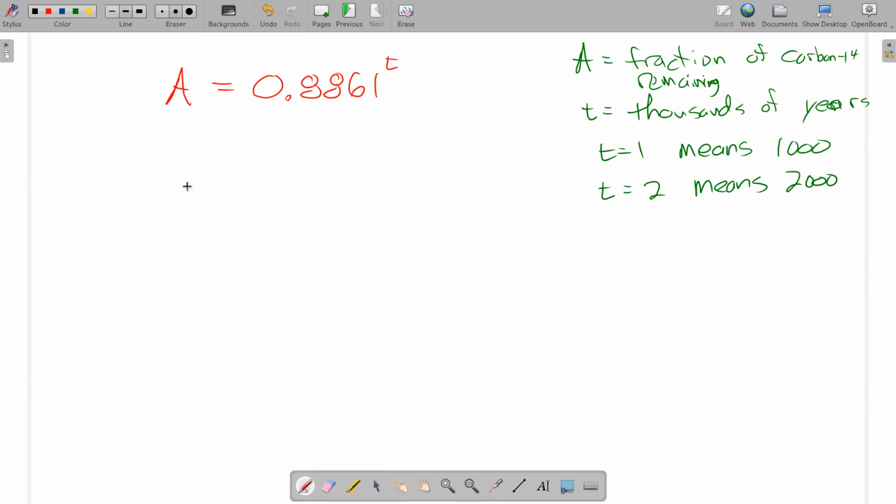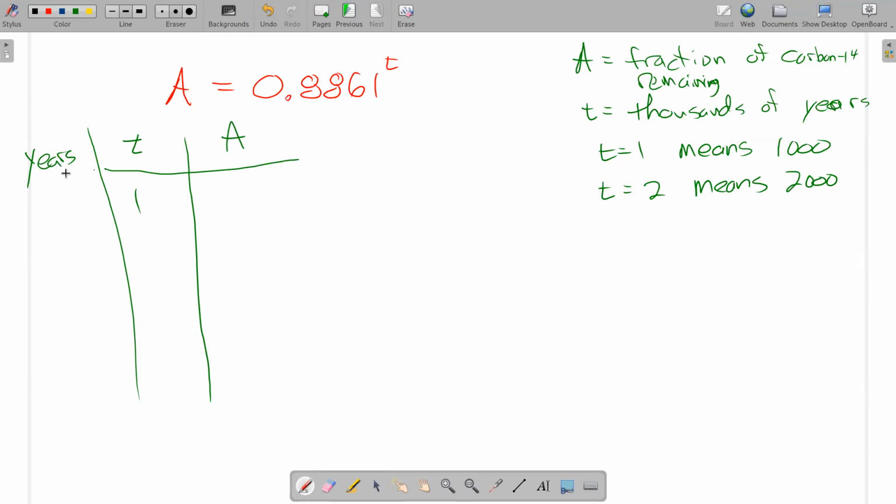So if 1,000 years went by, if I made a table, if we had another column called years here, 1,000 years is T equals 1. If you plug a 1 in here, you get the base, 0.8861.